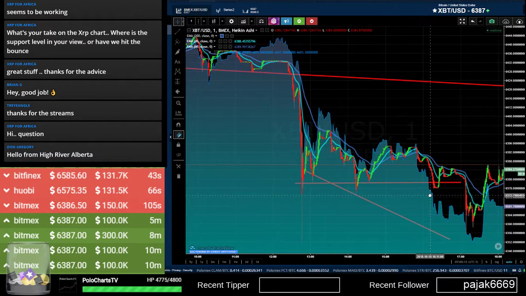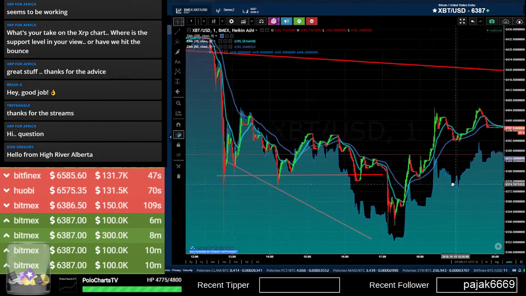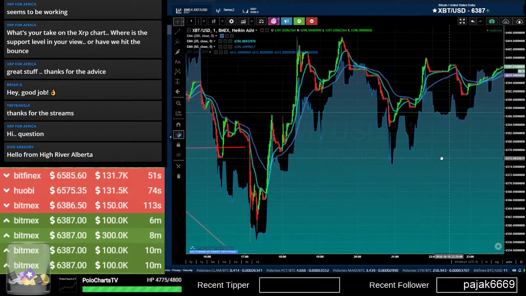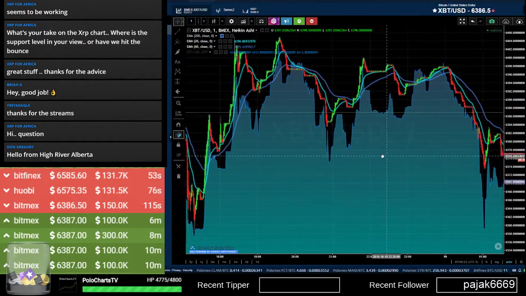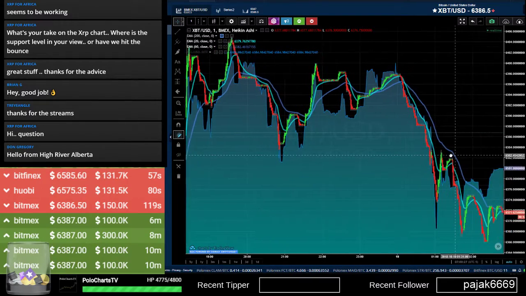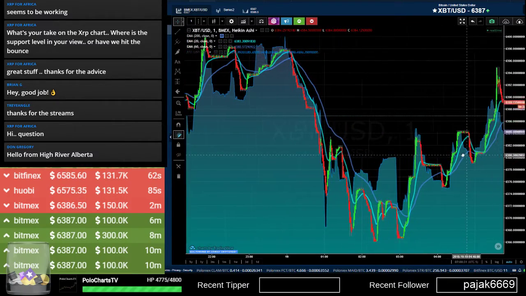So which is the leader, Bitfinex or BitMEX? Which is the one that leads the prices and moves first, and the other one follows along? I want to see if this makes a difference in my trading, so that I get an early indicator of what prices are doing.